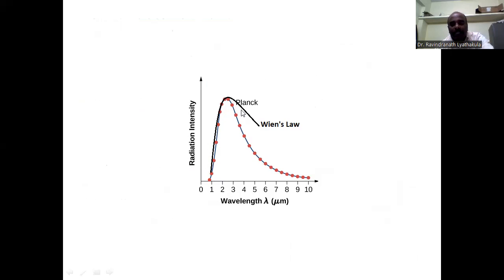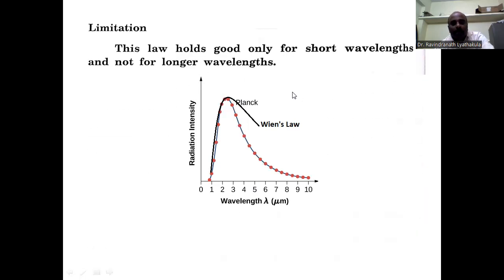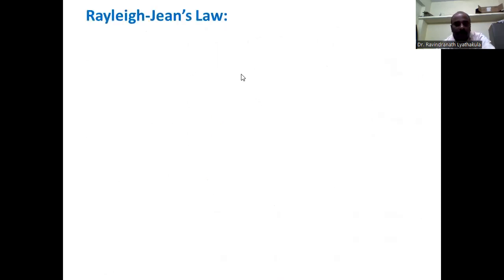But at longer wavelengths, a deviation is observed in this graph. Means Wien's law is explained successfully at lower wavelengths, but it fails at higher wavelengths. It holds good only for shorter wavelengths, not for longer wavelengths.